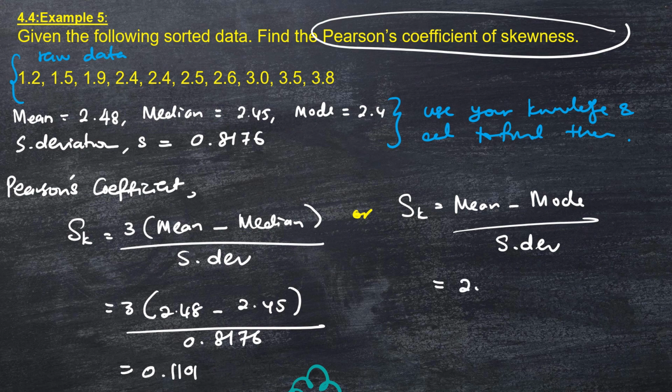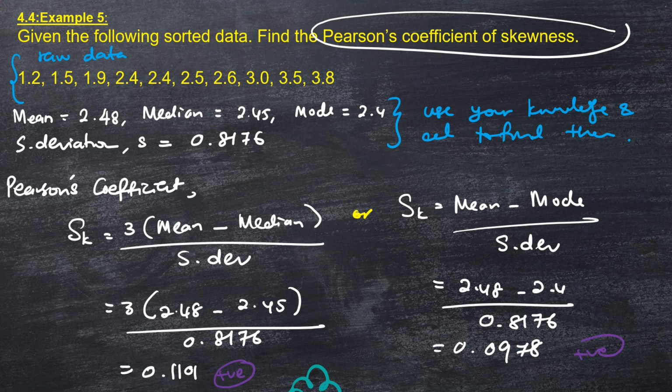Let's substitute the values. You will have 0.0978. As we can see, we have different values for both formulas, but the most important thing is that you have the same sign. Both of them are positive, so we can tell that it is positively skewed. Right, so that's all for our lecture 4.